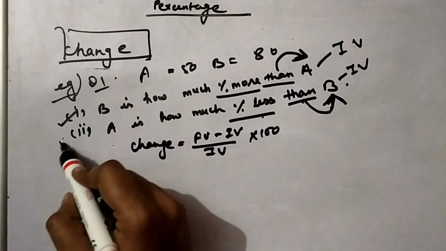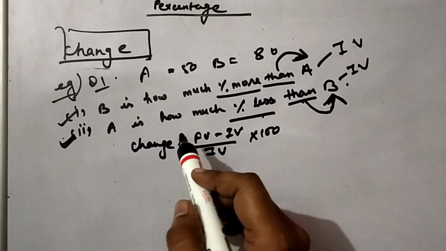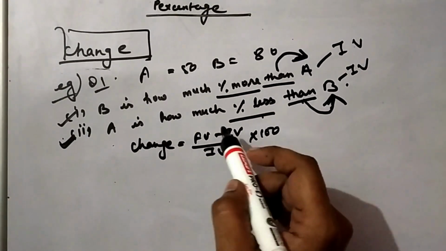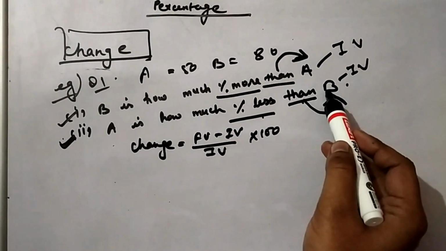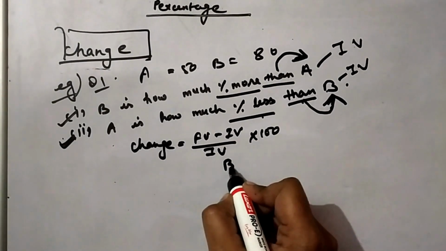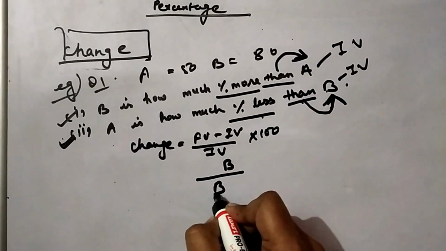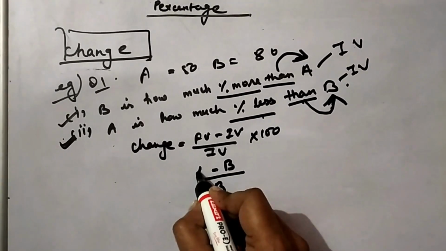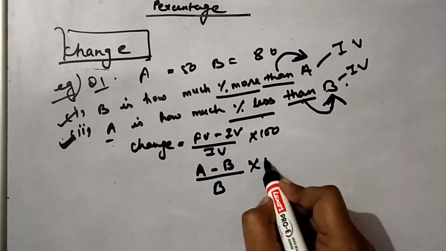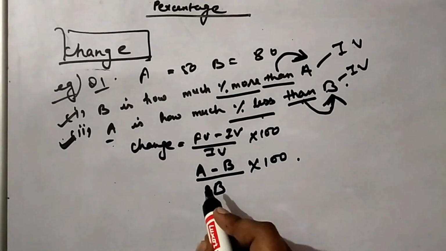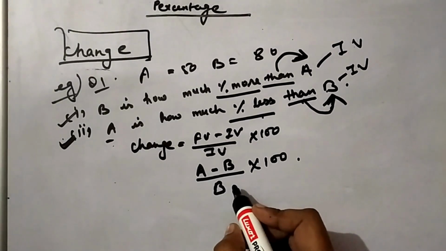So we are doing the second question. After "than" comes B. So B has now become the initial value. Put B as initial value and A will become the final value. Now we have to substitute these values.